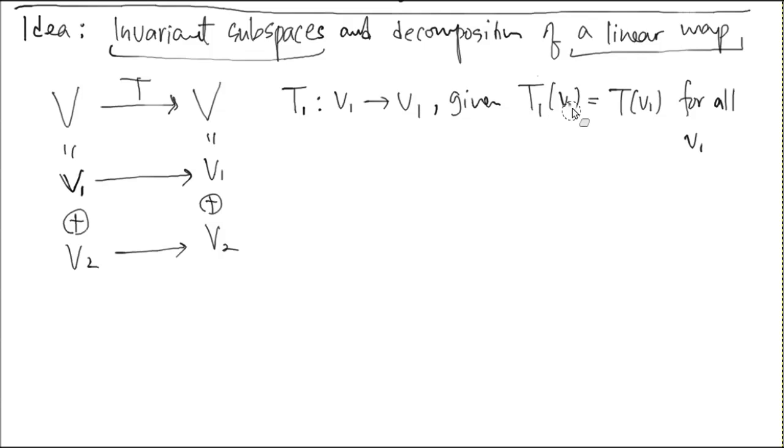I'm just going to use v, not v1. Inside V1 in here, V1 is the smaller space. If you restrict it, it's not going crazy. It happened to be inside V1.